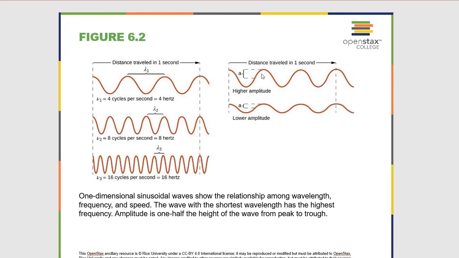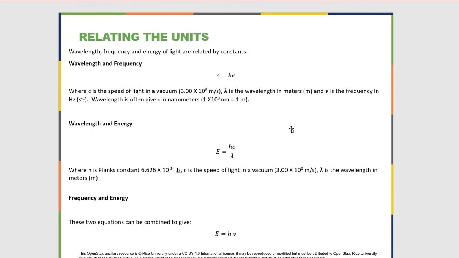So this here is the amplitude. I misstated that a second ago. But either way you look at it, correctly, it's from the midpoint to the crest. This is the amplitude of the wave and is the intensity of light. So this is a bright red light and this is a dim red light if the wavelength is appropriate for red light.